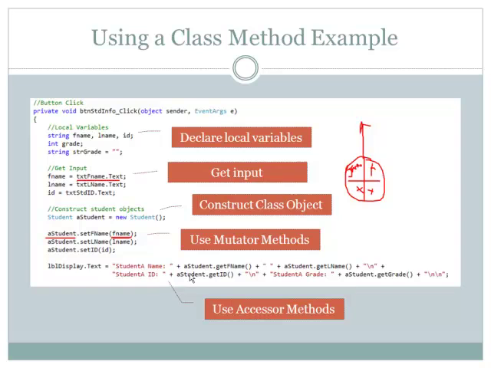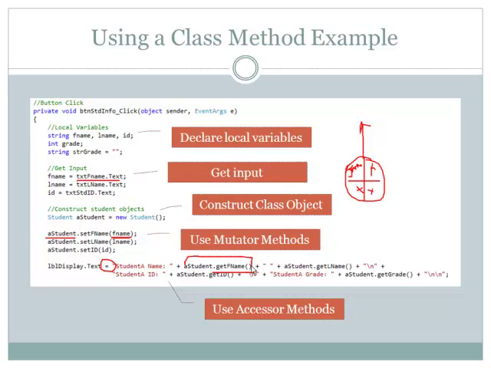Now, to display it, I'm going to use the accessor because the accessor returns something. Remember, it normally is on the right side of an equal sign of an assignment statement. So it's actually going to go and get the fname. So when I say a student dot get fname, it's going to send a student over, and then the get fname method will actually look at the object and say, the fname for this object is Jane, and then it returns it.